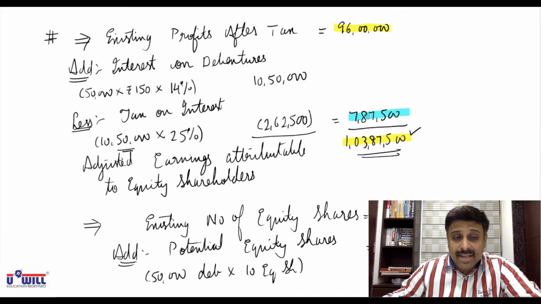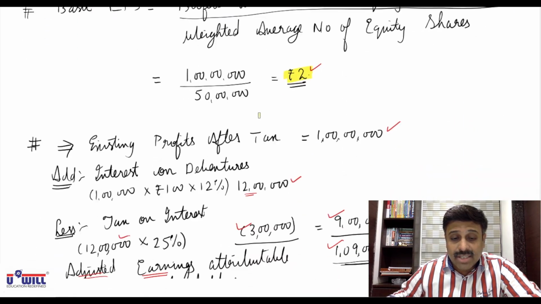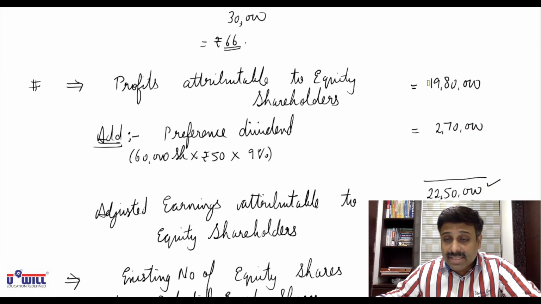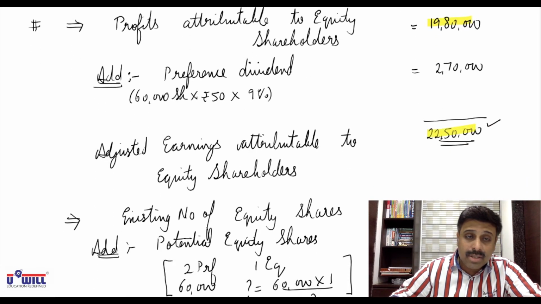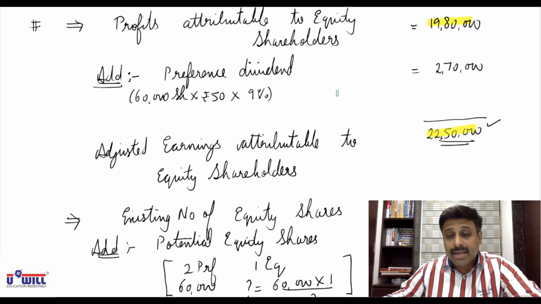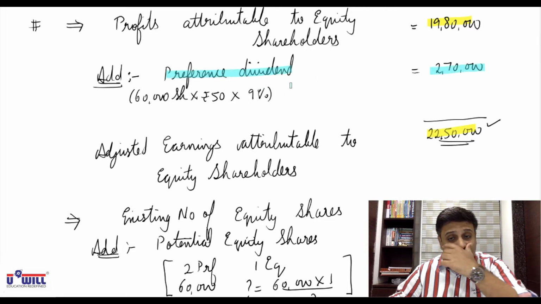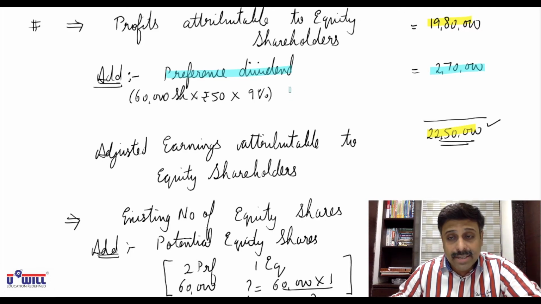In short, incremental earnings are interest minus tax. Same way, in the preference shares question, what was the existing profit? 19,80,000. Adjusted 22,50,000. So the incremental earning was 2,70,000, which was preference dividend, and DDT was not there in the question. Otherwise, it would have been preference dividend plus DDT.